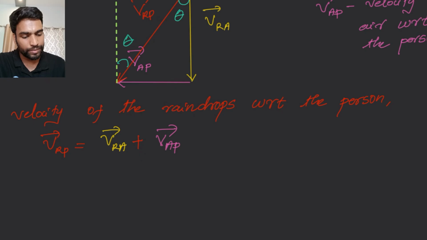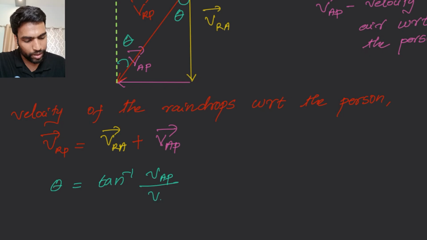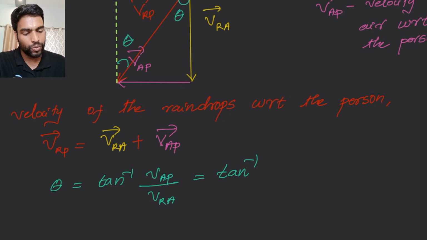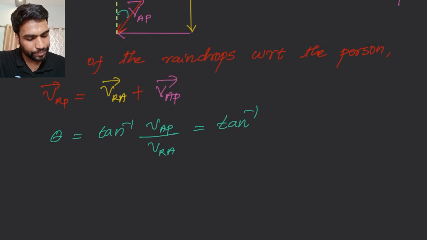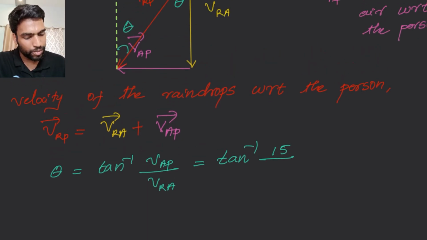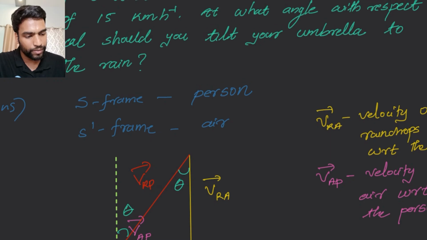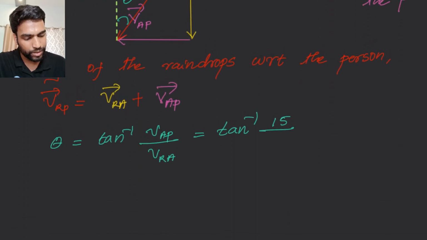Now clearly theta is tan inverse VAP divided by VRA, opposite side divided by adjacent side. So it is tan inverse, VAP is 15 in the question, right? So 15 divided by the velocity of the rain with respect to air, which is 25.